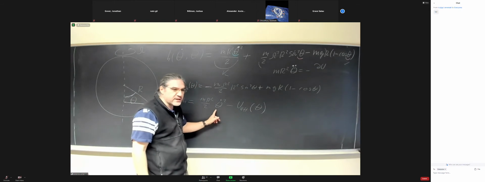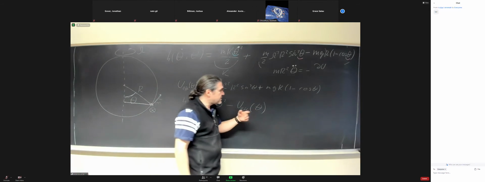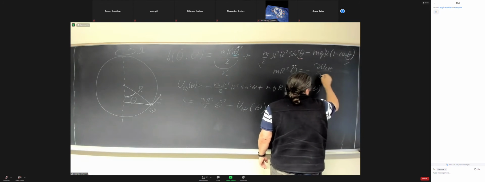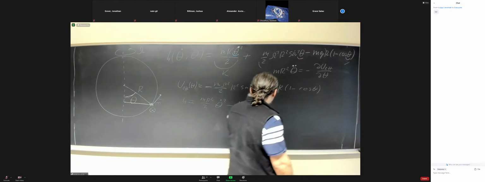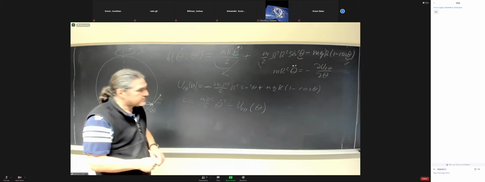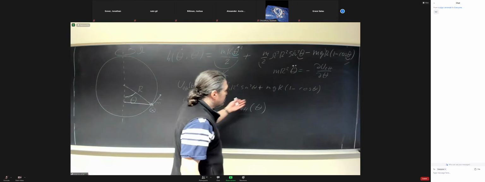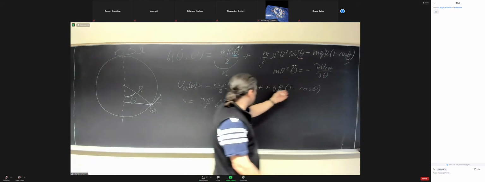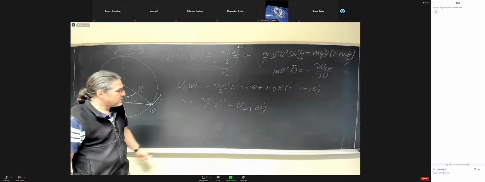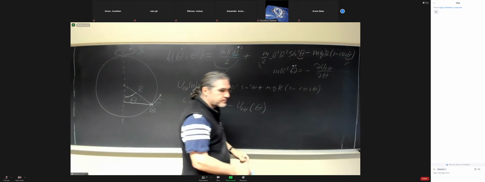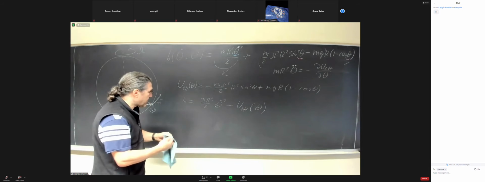There is no theta in the kinetic term, it's theta dot. So it's dU effective divided by d theta. Right? That's my equation of motion. And that's a known function, written here explicitly. So all I need to do is differentiate with respect to theta. Does that make sense?